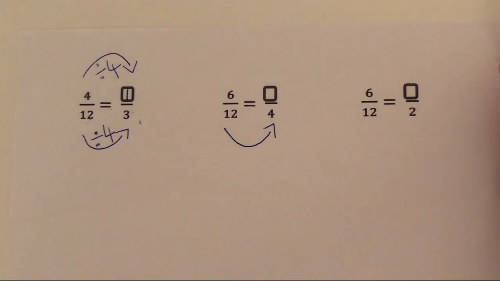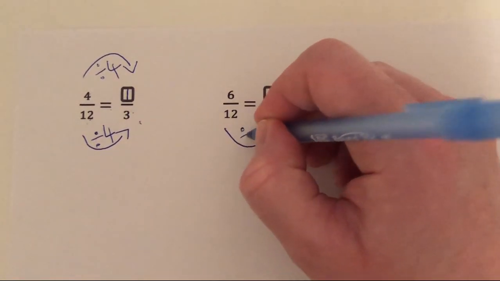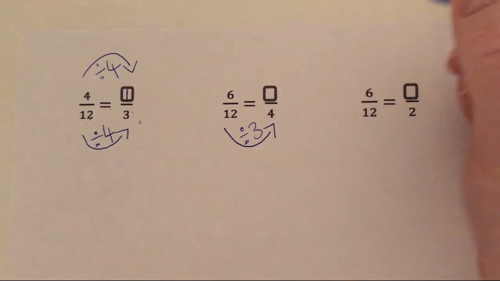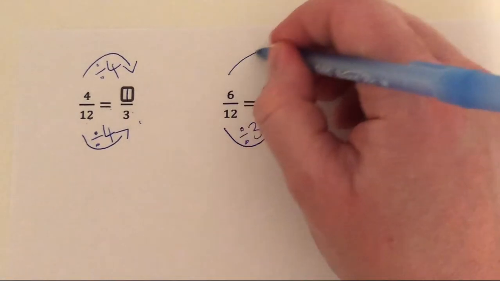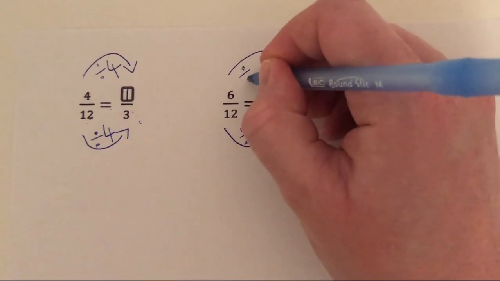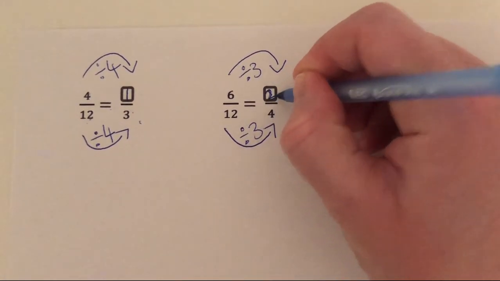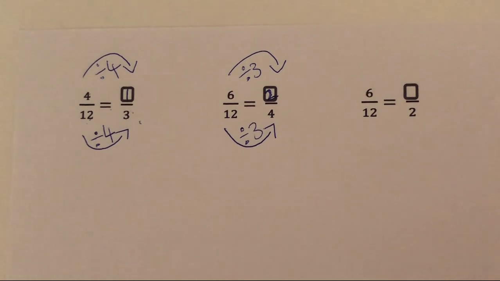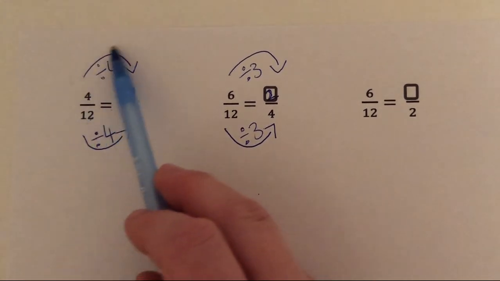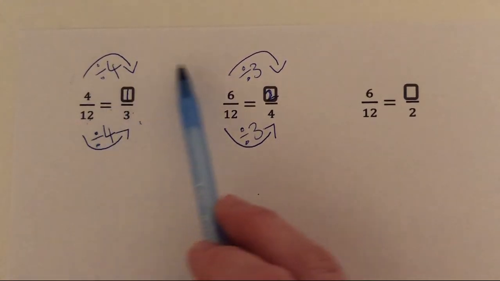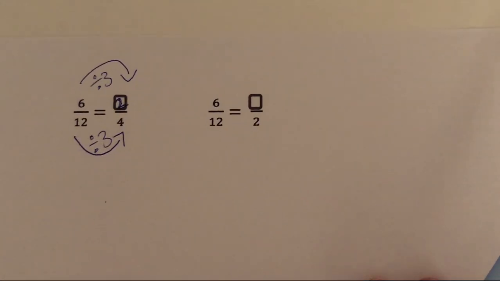Okay, let's have a look at this one. 12 to 4: 12 divided by 3 equals 4, and I must do the same to the top. 6 divided by 3 equals 2. This is called simplifying fractions as well. Simplifying is when you divide.